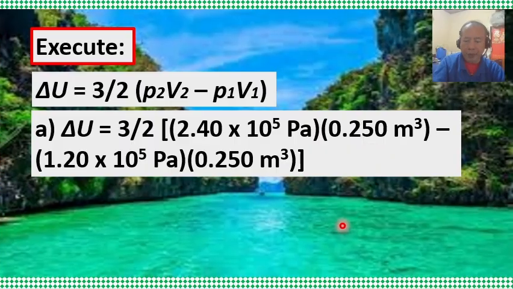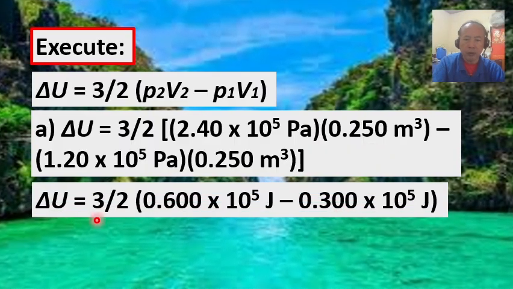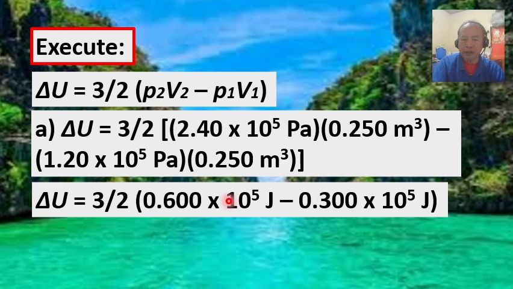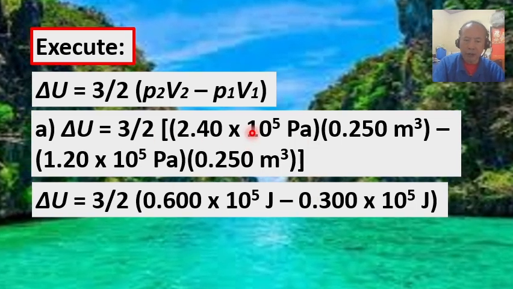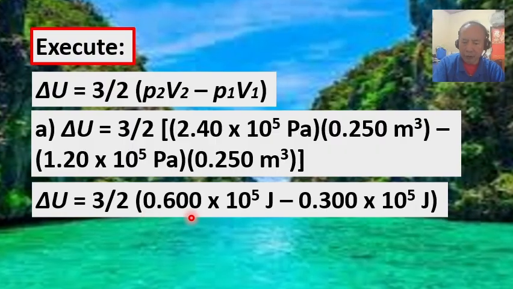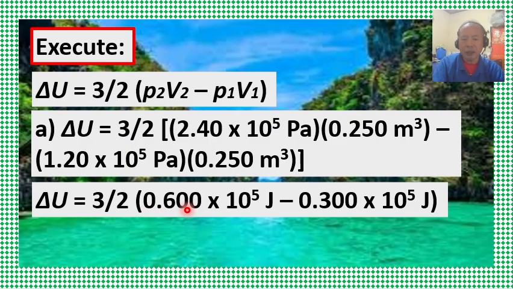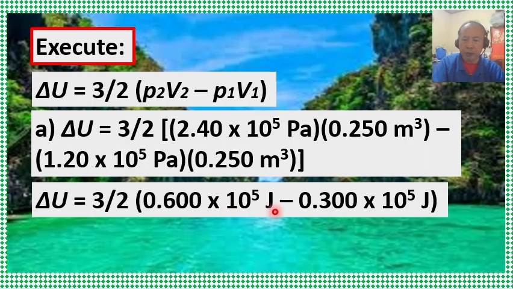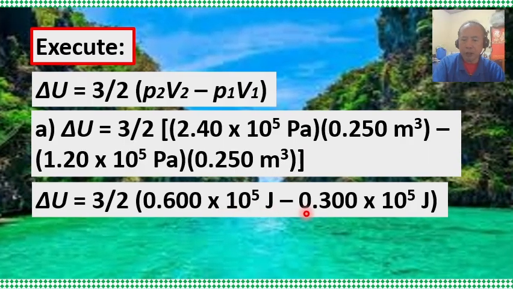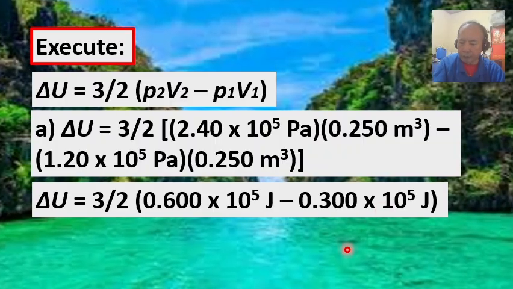So when we do our math, we are able to simplify this equation now. So delta U is equal to 3 halves times quantity 0.6 times 10 to the p power joules minus 0.300 times 10 to the p power joules.